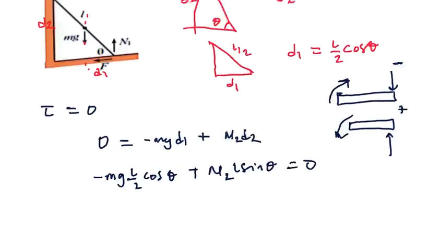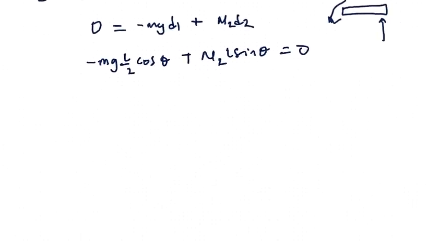If we simplify this, we have n2 L sine theta is equal to mg L divided by 2 cos theta.